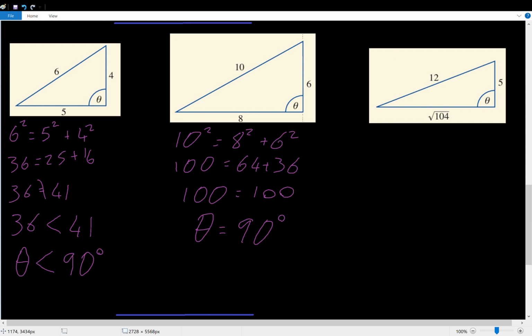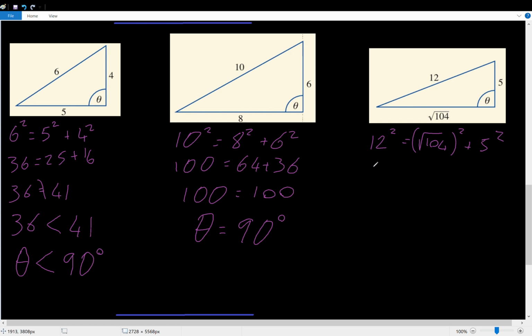Let's look at our last one here. So for our last one, 12 here would be our hypotenuse, if it is in fact a right angle triangle. So I'll put this together, so we get 12 squared will be equal to the root of 104 squared plus 5 squared.